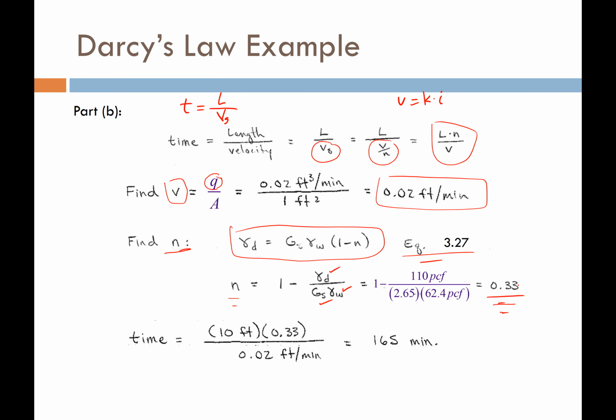So now I just plug porosity in right there, I plug discharge velocity in right there, and we computed the length of the soil flow, which was 10 feet. I do the quick math, and there's my answer: 165 minutes for a drop of water entering the soil at point B to work its way all the way through the soil and come out at point C.